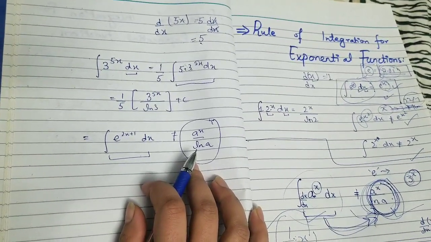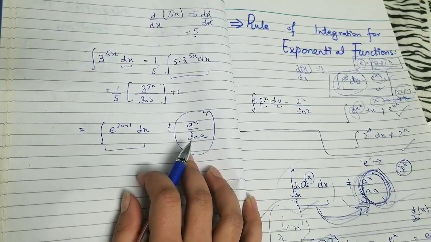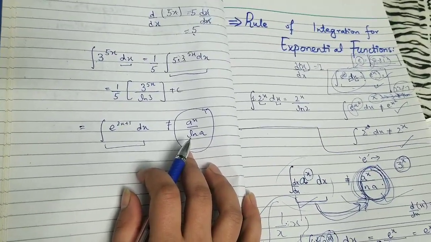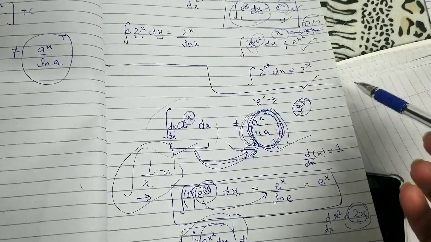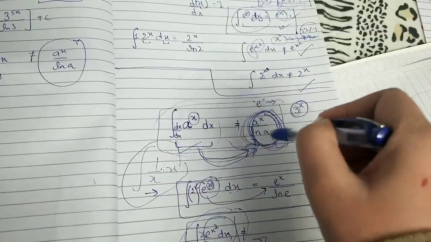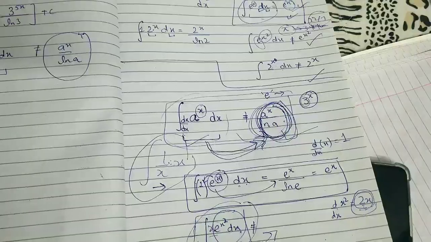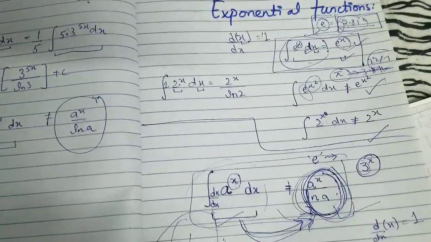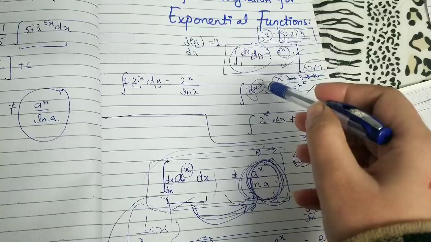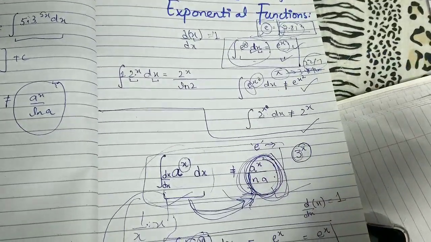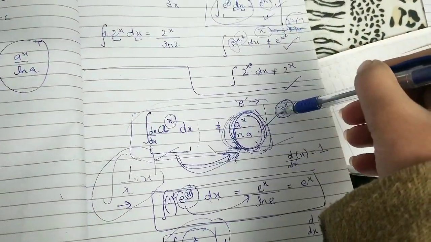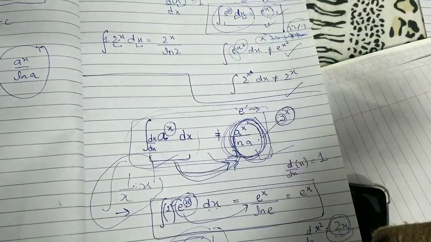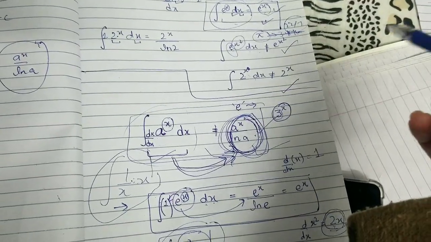I hope you got the main rule, that if the derivative of the power appears beside the exponential function inside the integral, then you can write its integration like this, otherwise you cannot. Due to this rule, the integration of e to the power x squared dx is not simply e to the power x squared. This is the complete description of the rule for integration of exponential functions.